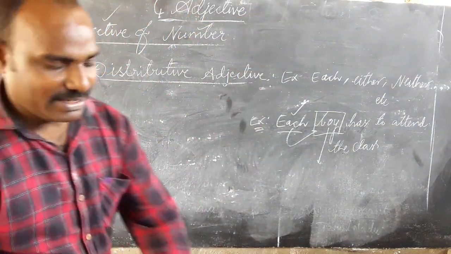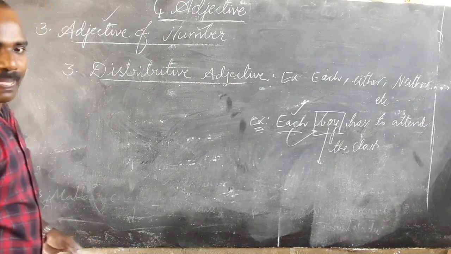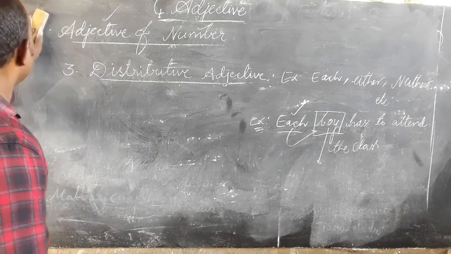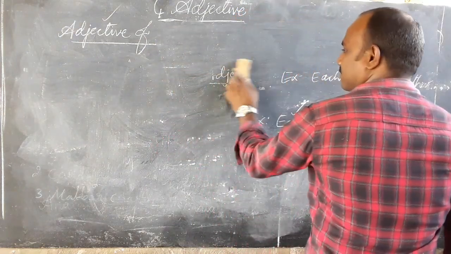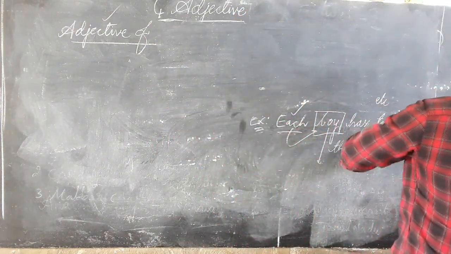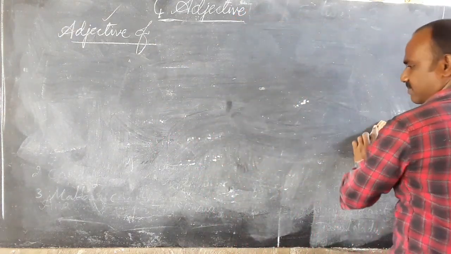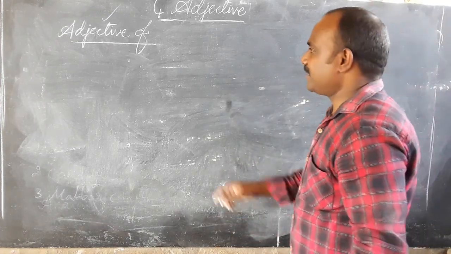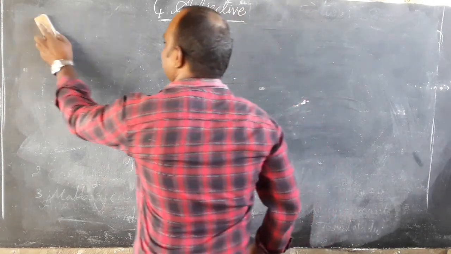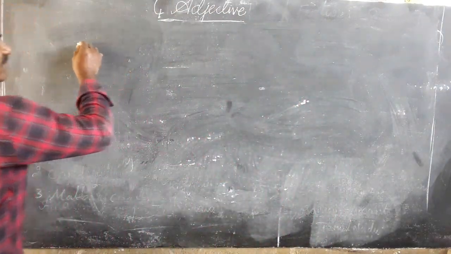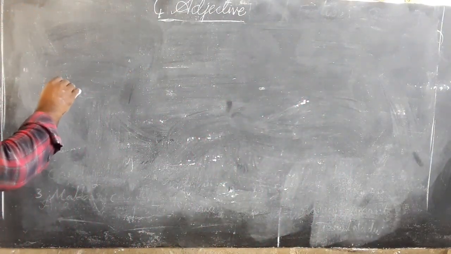And we see the fourth type of adjective, that is the fourth type of adjective, possessive adjective. Right?